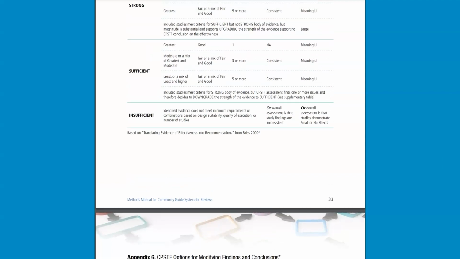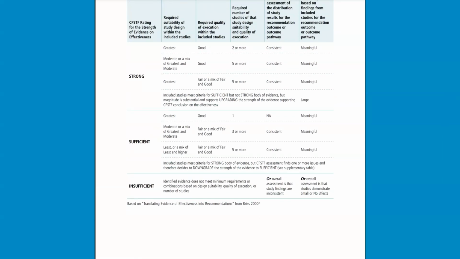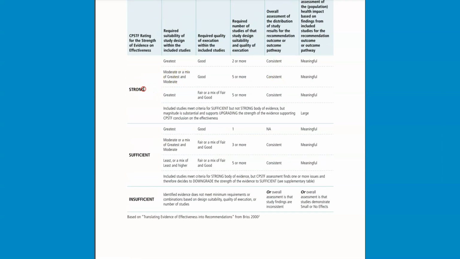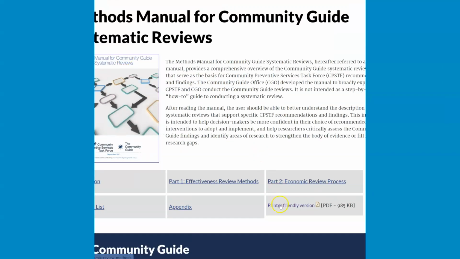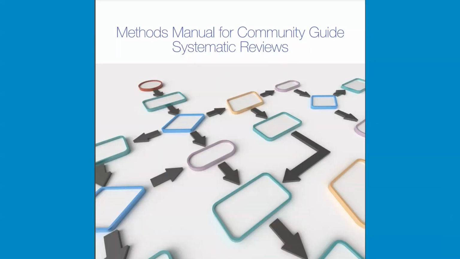It's somewhat systematic here. If you have strong evidence, and these are the criteria for strong evidence, then the recommendations are changed. And then, of course, sufficient, and then insufficient. Sometimes there's ongoing information that needs to be acquired before any recommendations can be finalized.